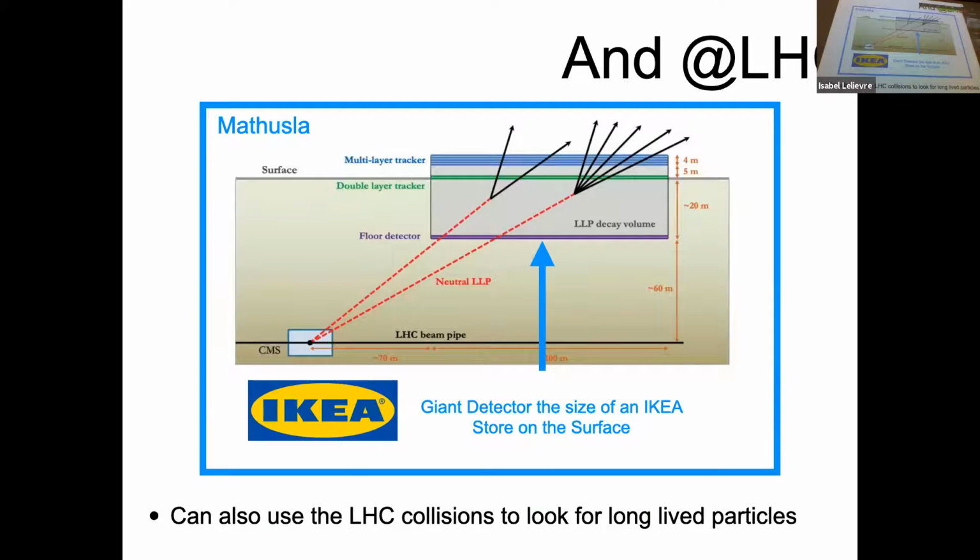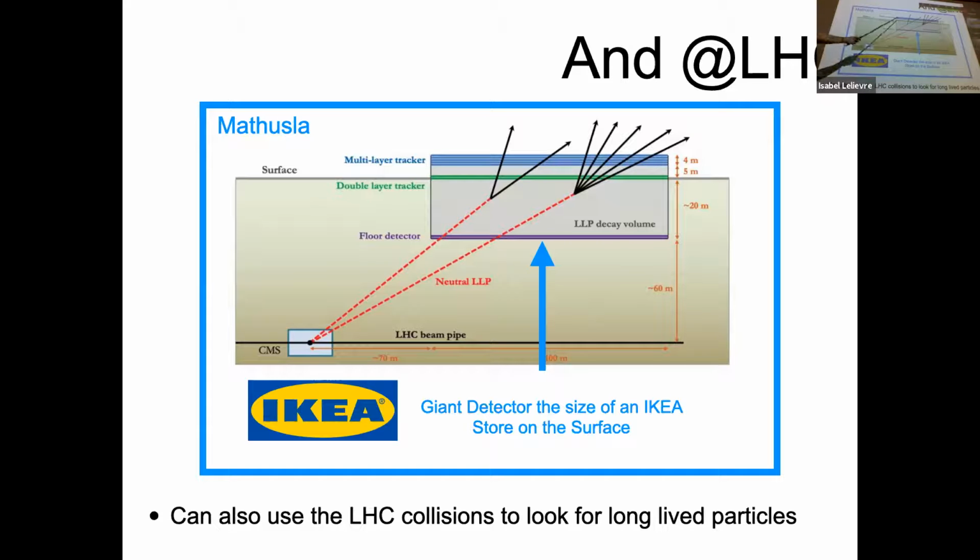So finally, we can go to the LHC and look for long-lived particles as well. There's a long-lived particle detector that people are talking about building, and they want to build it near CMS. The idea is to build it on the surface above CMS, and to make this detector as big as possible. The model they're thinking of for building this is IKEA.